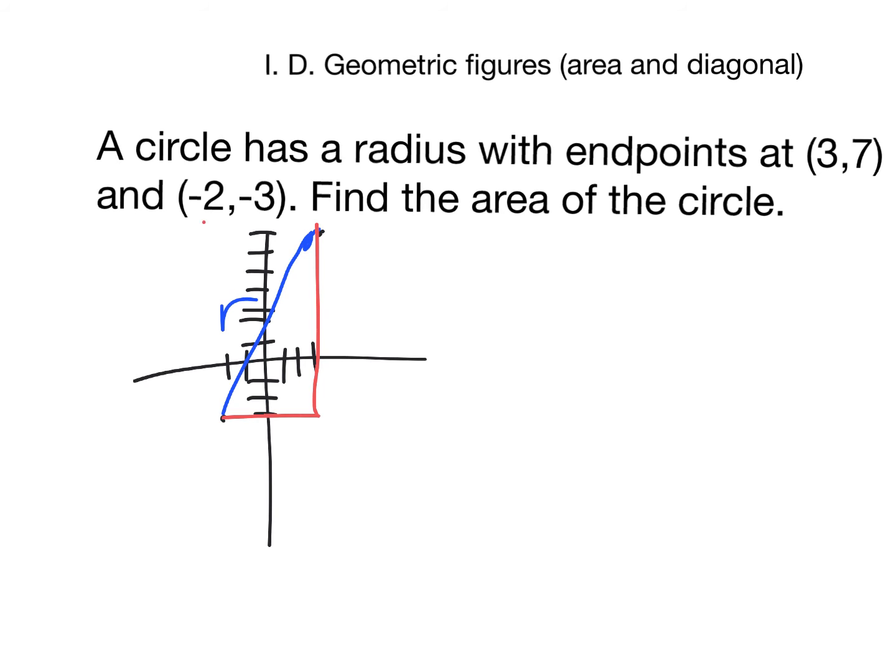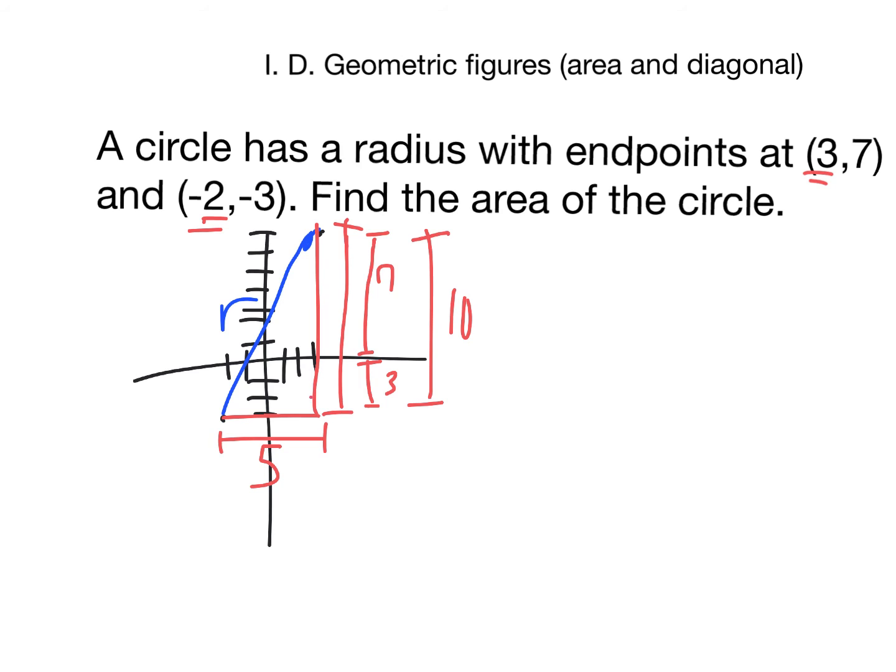Just look at your x values. We're going from -2 over to 3, so that's a difference of 5 units. The y values, we're going from -3 up to 7. Just think -3 to 0 would be 3, 0 to 7 would be 7, so that's 10 units altogether.